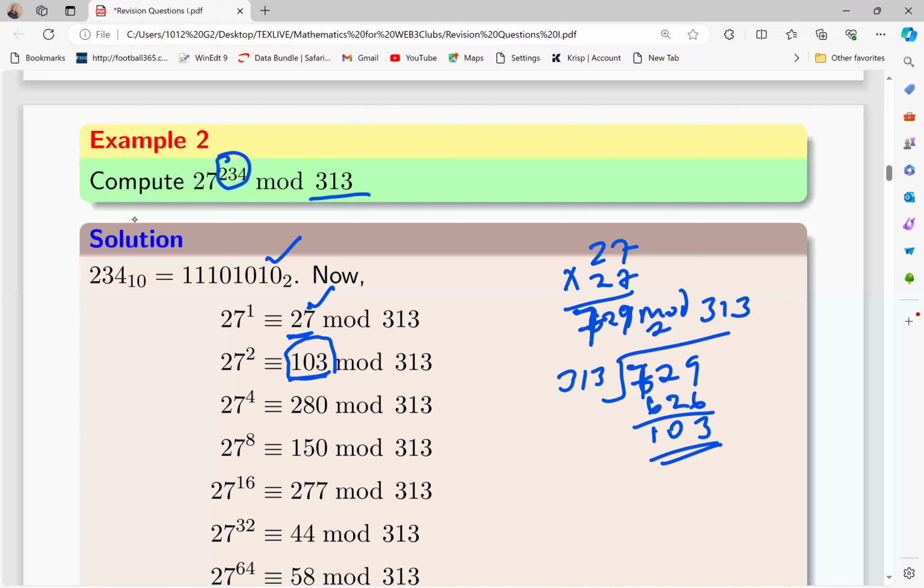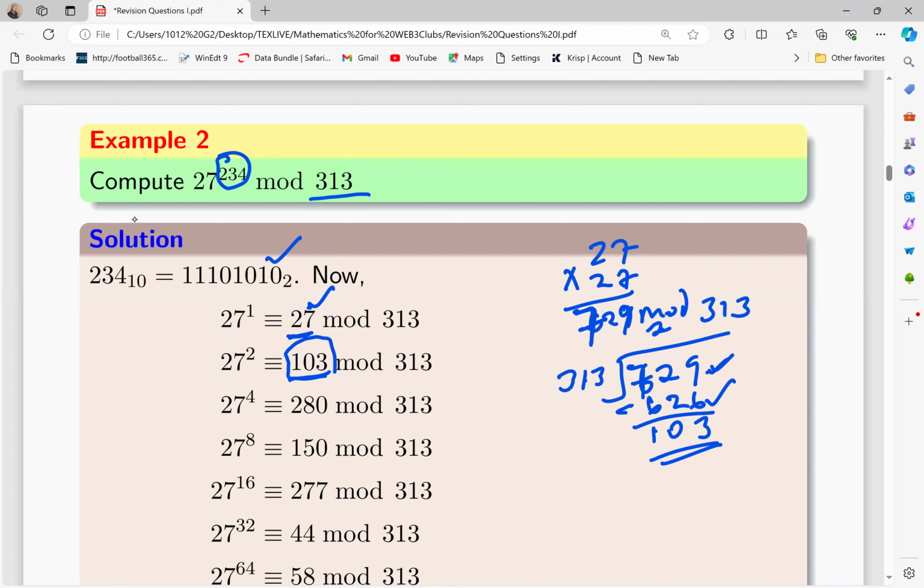Yes, 313 goes in there twice, and 2 times this gives us this. Then we subtract. We always write the remainder here. That's what we mean by mod. Mod means the number coming before mod is supposed to be the remainder every time.